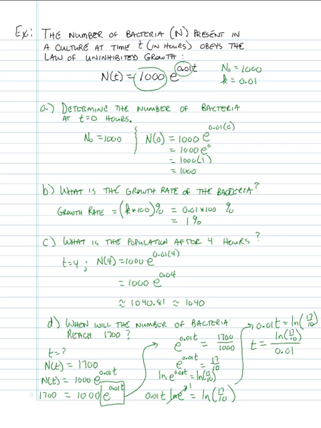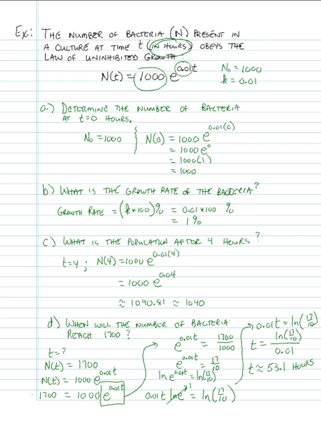And now I would get my calculator out, and I would go from there. So when I use my calculator, I get, rounded to tenths, 1 decimal place, 53.1. Now be careful, what is this? Time is measured in hours, isn't it? So this is about 53.1 hours for the bacteria to grow from 1,000 to 1,700. That's more than a couple of days, isn't it?